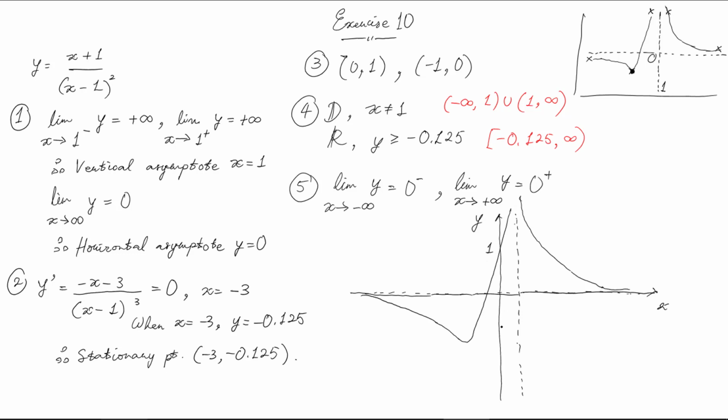So this is your 1, this is another intercept which is negative 1, and for the stationary point, maybe labeling it here will be good enough, negative 0.25. Well, it's not really following the scale, but since it's just a sketch, it should be good enough. Alright, so that is our vertical asymptote 1.